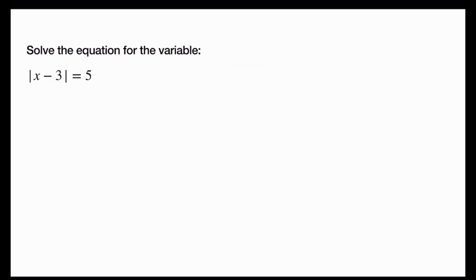If I have a more complicated equation, here's another one, absolute value of x minus 3 equals 5. To solve this problem, we can break it up into two equations. Absolute value means distance from the origin is 5.